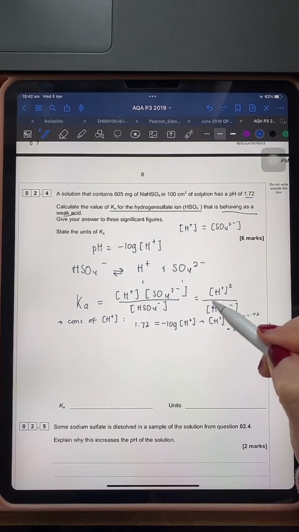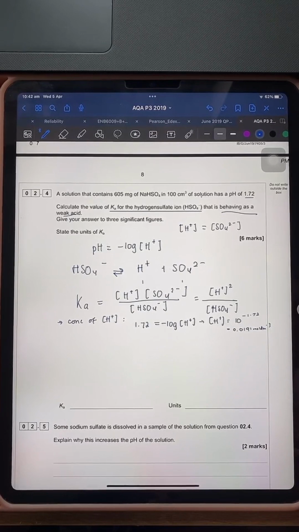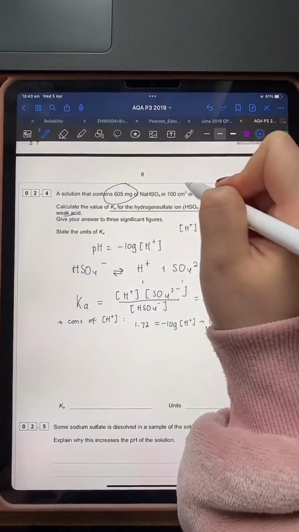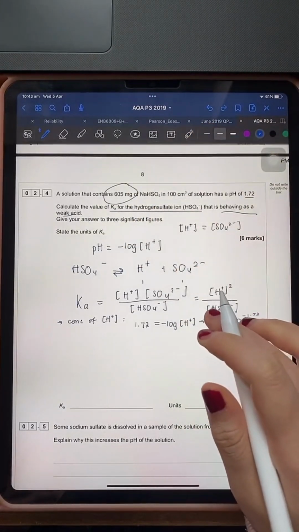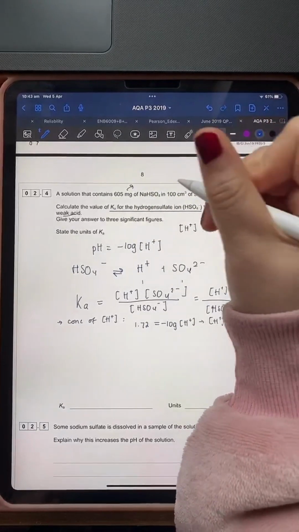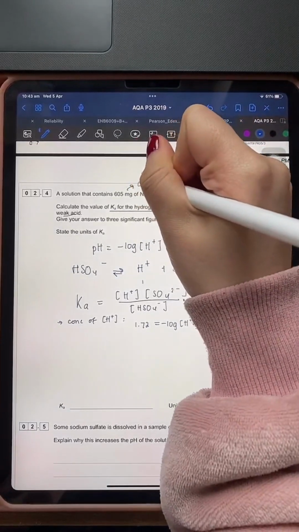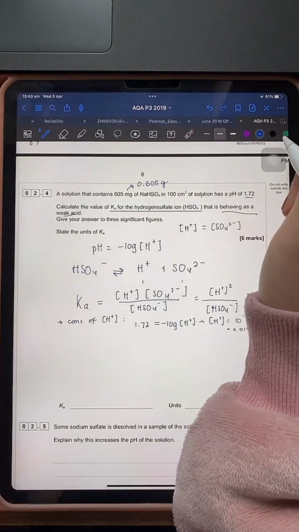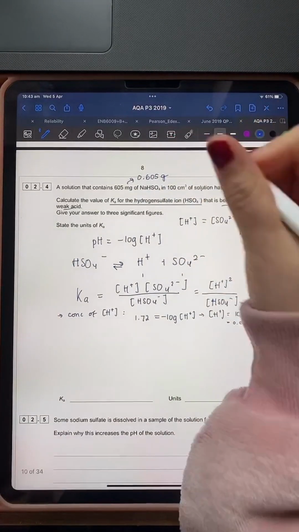Now we need to know the concentration of the HSO4 minus. We can do that by using these. Mass in chemistry must always be in grams, so you can convert that by dividing by 1,000. So that's 0.605 grams.